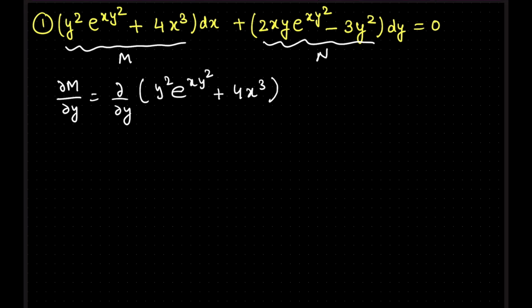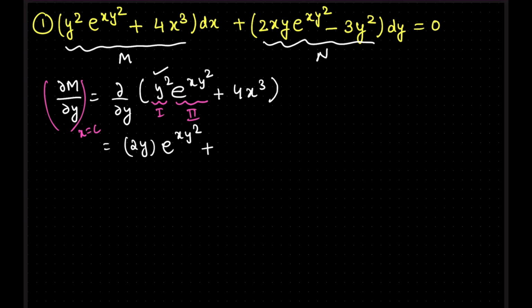When you partially differentiate with respect to y, this is one term and this is the second term. So you have to apply the product rule of differentiation, and keep in mind that x is constant because we are partially differentiating with respect to y. First let's differentiate this, so you will get 2y and the remaining term will be constant.